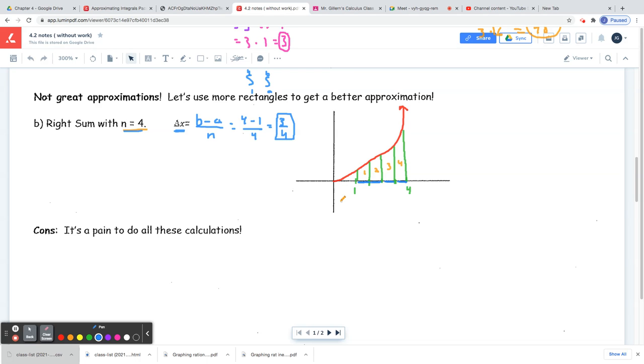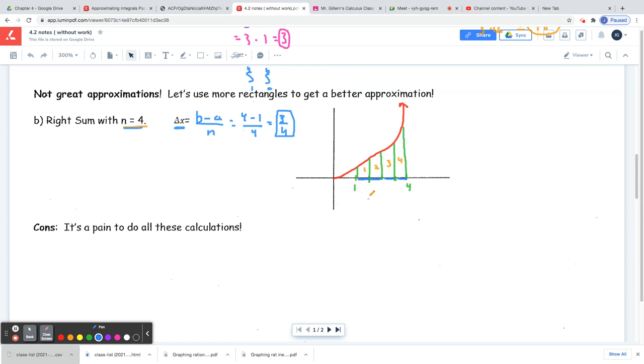So 1 plus 3/4 is 1 3/4, otherwise known as 7/4. 7/4 plus 3/4 is 10/4. Now you could reduce that to 5/2, but you can just leave it as 10/4. 10/4 plus 3/4 is 13/4. And 13/4 plus 3/4, you get 16/4, which is what?